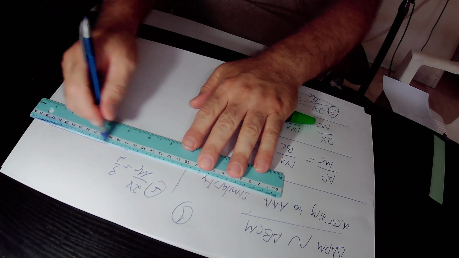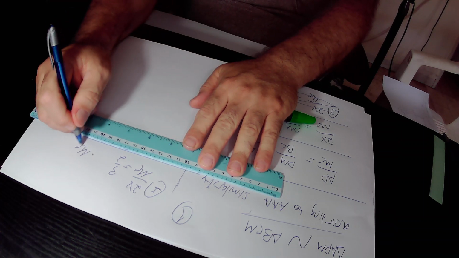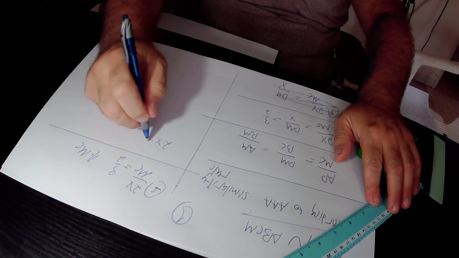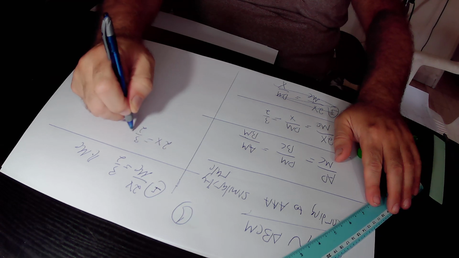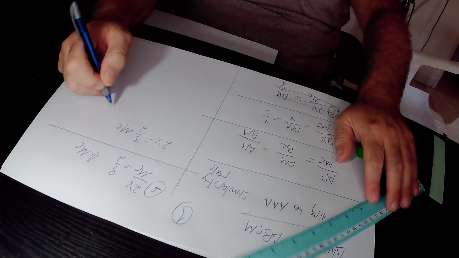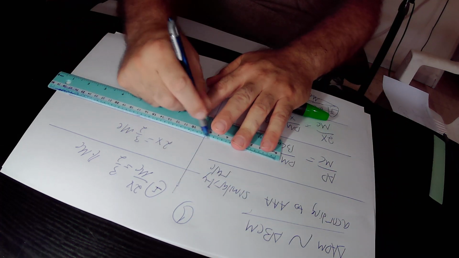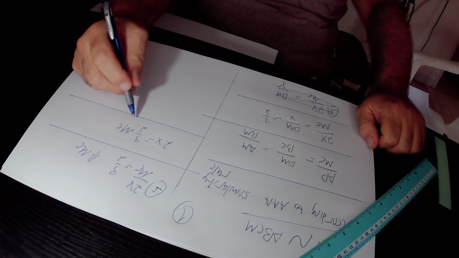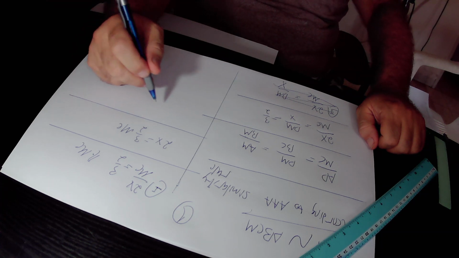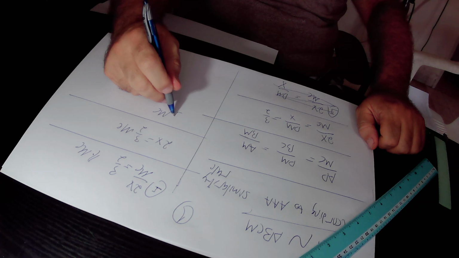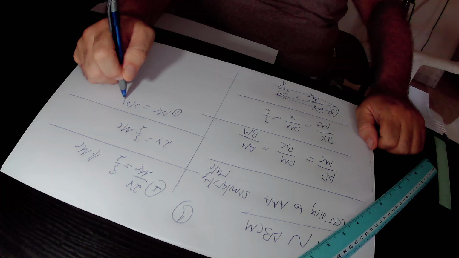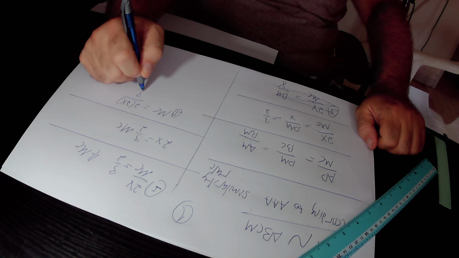Here we multiply this equation by MC, and you get that 2x equals 3/2 times MC. Then we multiply this equation by 2 and divide it by 3 simultaneously, and you get that MC, according to equation 1, equals 2 times 2x over 3.